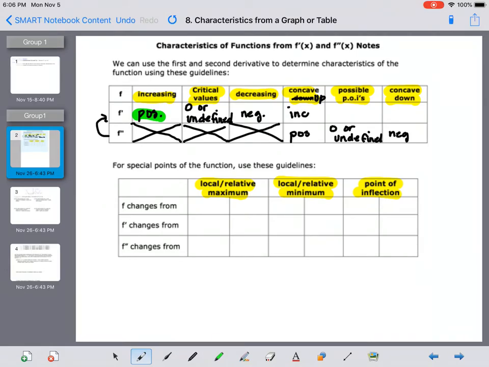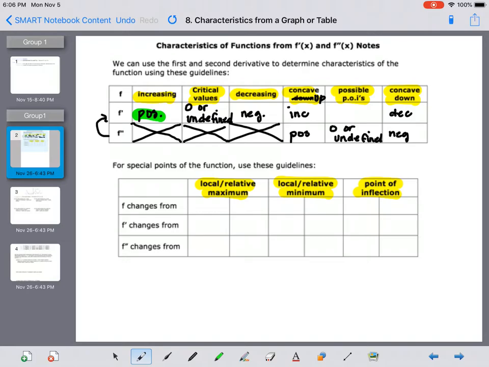The relationship between our f double prime and our f prime is the same as the relationship between our f prime and our f, if we think about the derivatives. Which means if our first derivative is decreasing, that means our second derivative, the slope of the slope, is going to be negative, and we can then say that our main function is concave down.